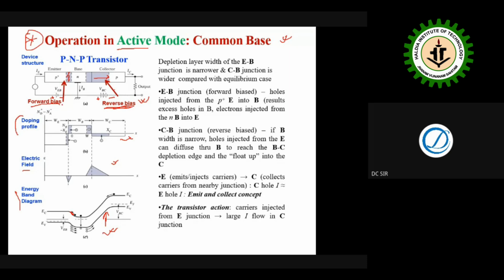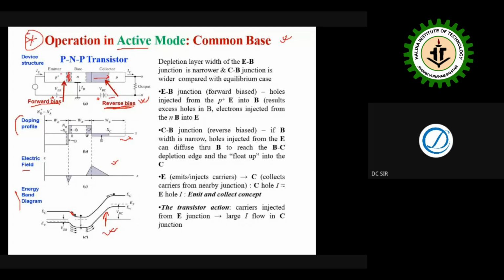Depending on the biasing, this is very small, negligible. This is the higher concentration of holes, P, and here electron is the minority carrier, hole is the majority carrier. So holes move from this emitter to base, whereas in case of base N, electron is the majority carrier and hole is the minority carrier.